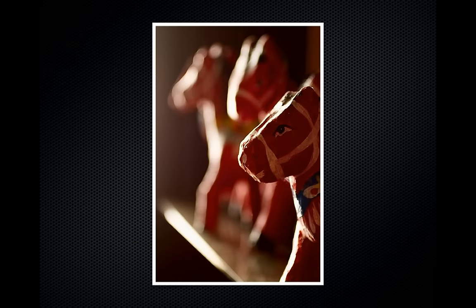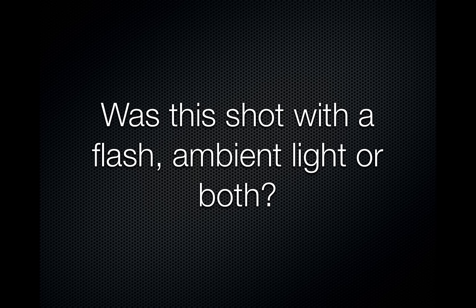Okay, let's move on. Okay, and I got a question here. Okay, look at the shot. And I'd like to ask my question again. Was the shot with flash, ambient light, or both?